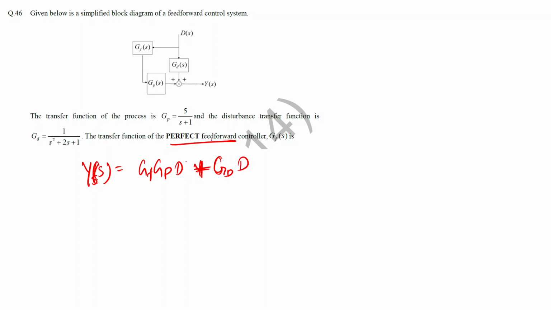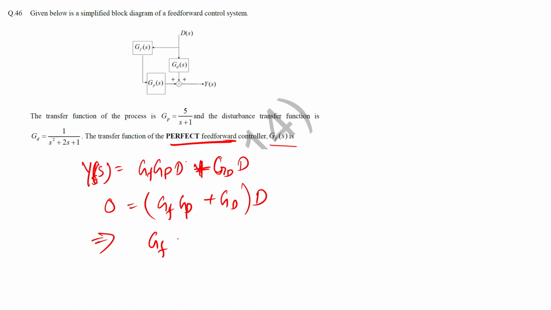Now for perfect feed forward controller, as we discussed, we have to replace this Y of s as 0. So we'll write it as 0. So this will become Gf Gp plus Gd. This disturbance term will become common. So from solving this, we can find this feed forward control function, that is Gf of s.